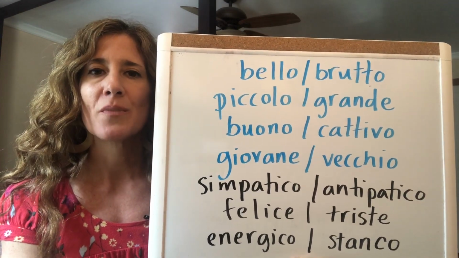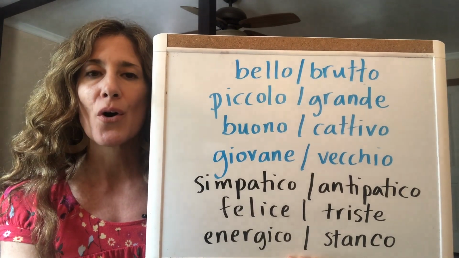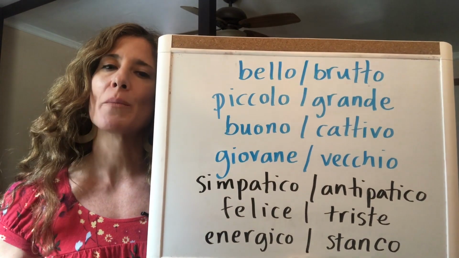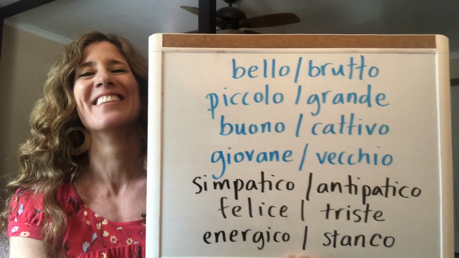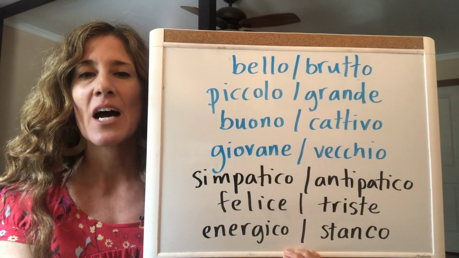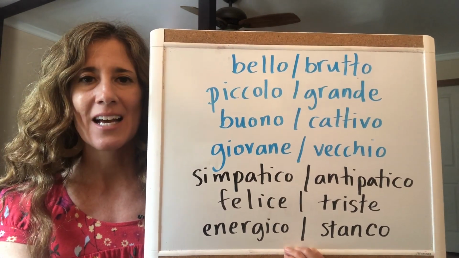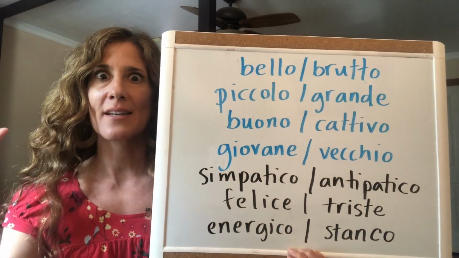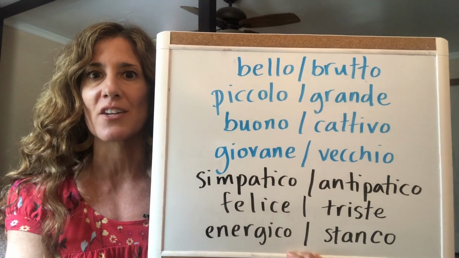Bello. And then the opposite, il contrario, brutto. Okay? Bello means handsome. Brutto means the opposite of handsome, which is not handsome. Okay? Poi, piccolo, grande. Piccolo, small. Okay, grande is big, and it looks like grand, big. It's also the same word in Spanish.